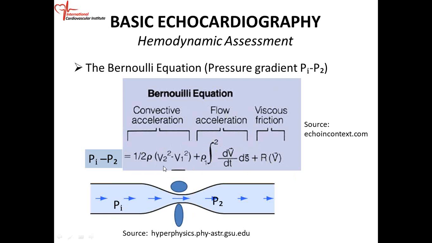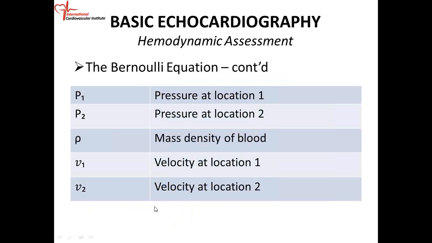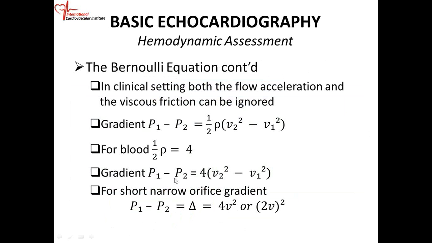This is the full formula for the Bernoulli equation, which describes a gradient between 2 points. Again, P1 is the pressure at location 1, P2 the pressure at location 2. Rho is the mass density of the blood. V1 is the velocity at location 1, and V2 the velocity at location 2.